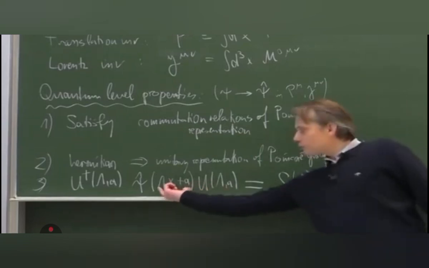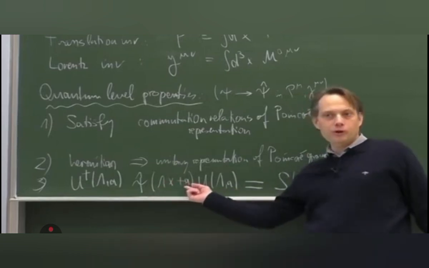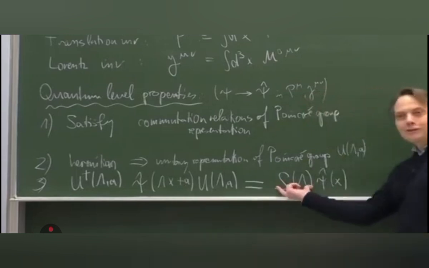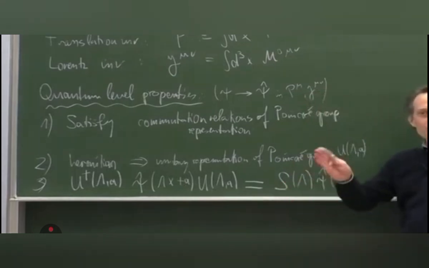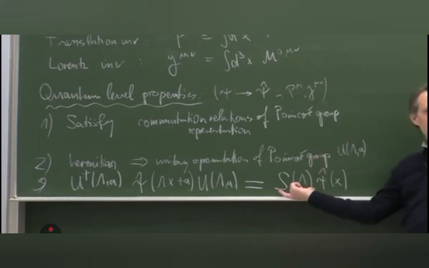Here we have the standard Poincaré transformation of a 4-vector in space-time, x goes to lambda x plus a. Here, that is the 4x4 matrix-valued representation of the Lorentz group on the space of Dirac spinors, right? That's a numerical 4x4 matrix, and these matrices also satisfy the representation property for Lorentz transformations.